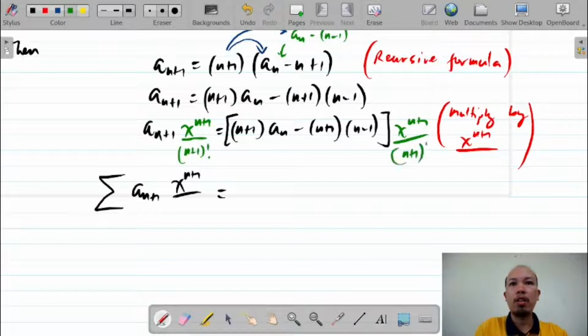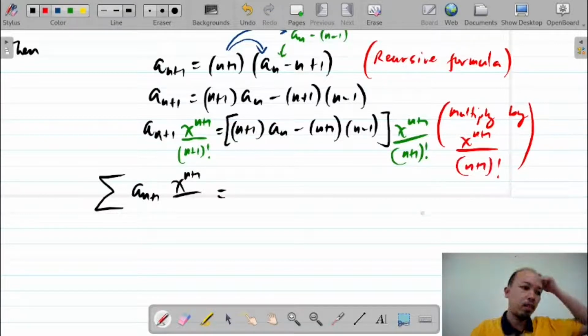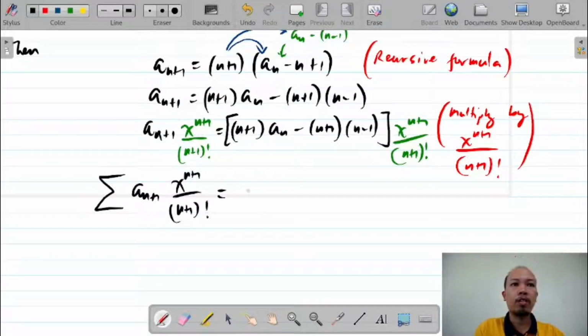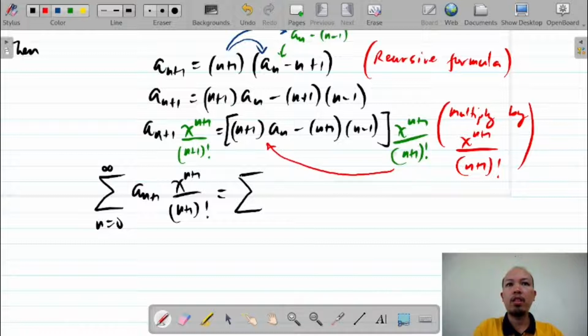N plus 1 factorial. So this will become n plus 1 factorial, n starts from 0 to infinity, and we are going to distribute the right hand side, this one to here and also this one here.